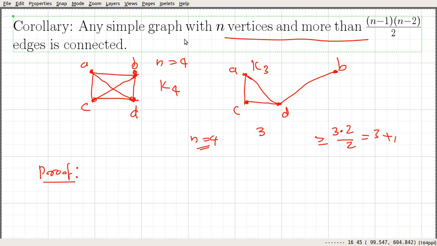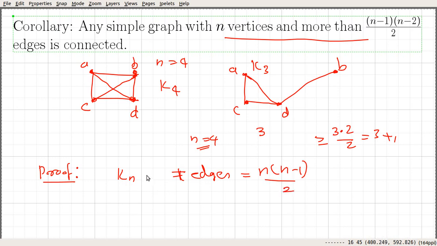So we are considering a simple graph with n vertices. Consider Kn, the complete graph on n vertices. Kn is connected, and we want to disconnect it. In Kn, the number of edges is n(n minus 1)/2.